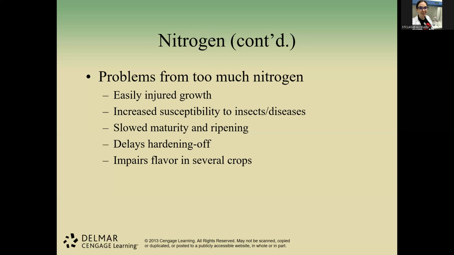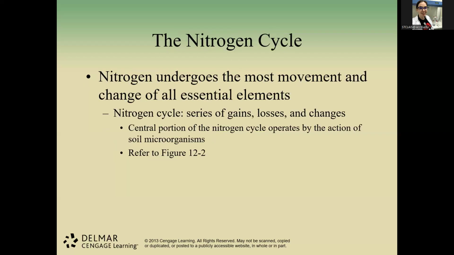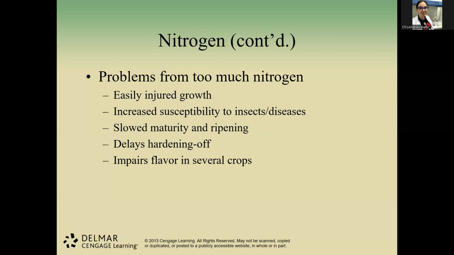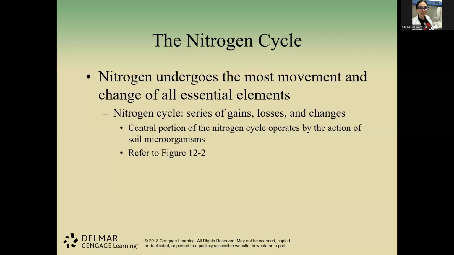So hardening is important when transitioning into cold, or if we have really intense light. In that sense, they can be damaged. Too much nitrogen also can make the crop not taste good, because it interferes with the ripening.